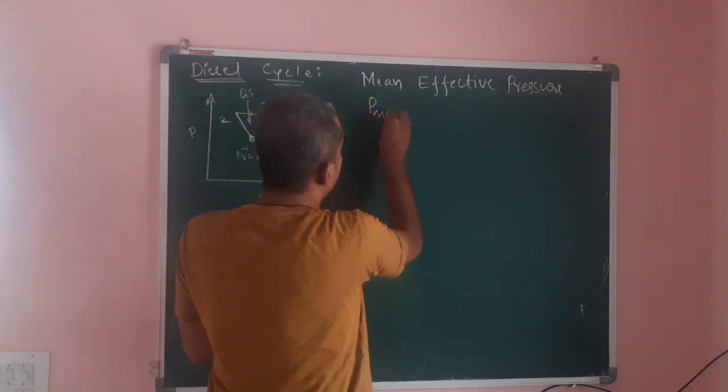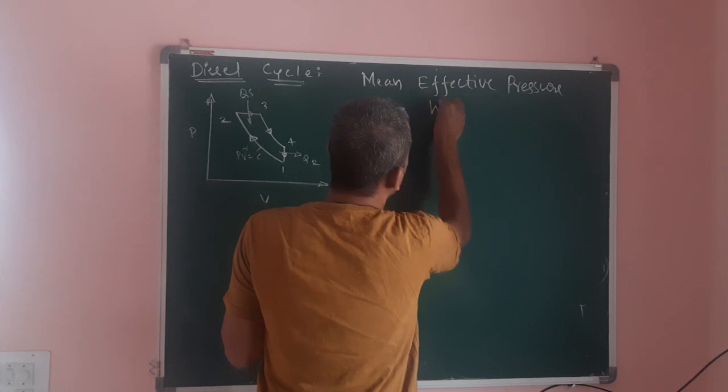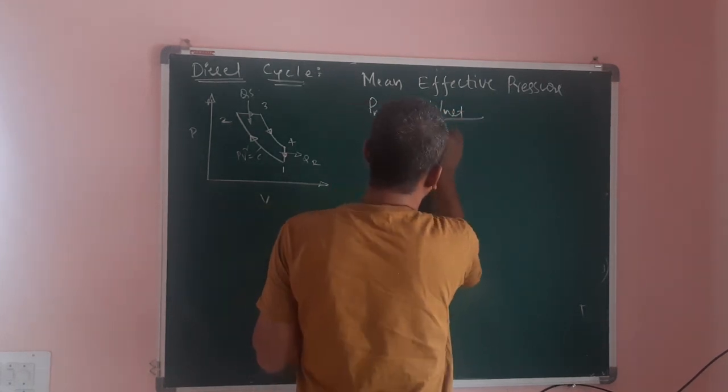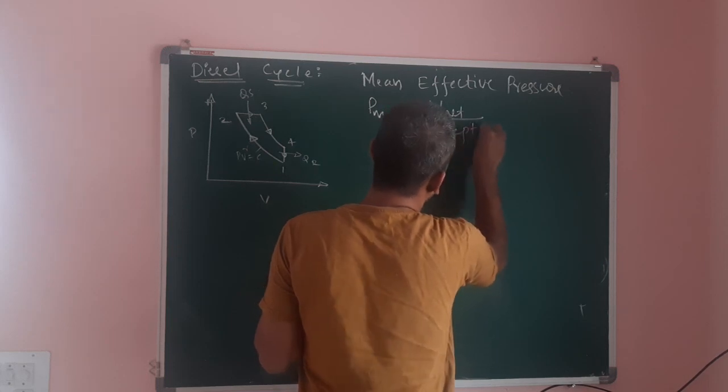It is denoted by Pm. It is the ratio of net work done divided by swept volume.